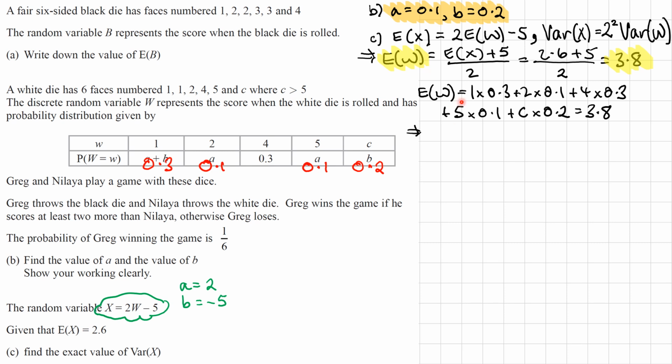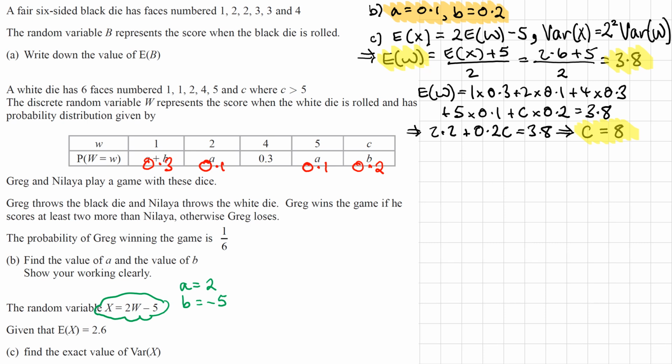Okay, if we do these multiplications and add them up, we'll get 2.2 plus 0.2C is equal to 3.8. We'll take away 2.2 from both sides, then divide both sides by 0.2, and we get a value of C which is 8. Now, I guess that is consistent with the piece of information that we were told earlier, which is C is greater than 5. So we'll put that in the table, 8.